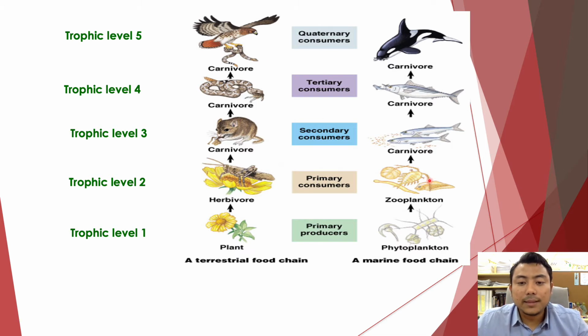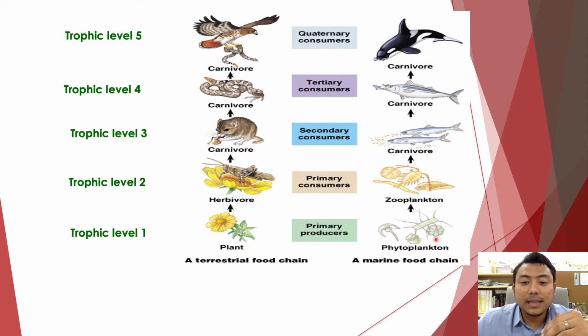So zooplankton and phytoplankton, apa bezanya? Okay, ini semua dekat dalam marine, dekat dalam laut. Phytoplankton ni dia rupa dia lebih, dia pelik-pelik juga. It's very small. It is not really being able to being observed by naked eyes. Okay, so phytoplankton dia adalah photosynthetic. So dia buat photosynthesis.